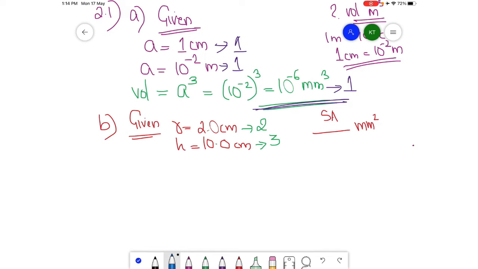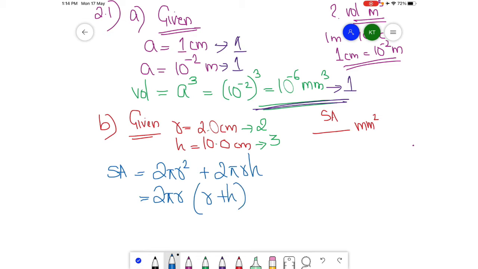Now let's calculate the surface area of a cylinder. The surface area of a cylinder is given by 2 pi r square plus 2 pi rh. Take the common terms out, we get 2 pi r into r plus h.